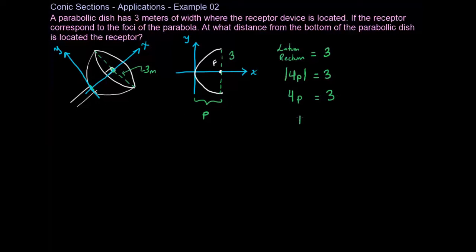So we can say that p in this case would be equal to 3/4, which is, in other words, p would be equal to 0.75. Now this case would be meters. So basically that would be it, because we have just been asked to find the distance from the bottom of the parabolic dish to the receptor, and that would be pretty much it.